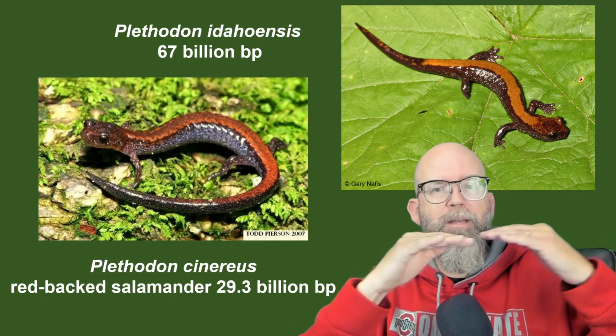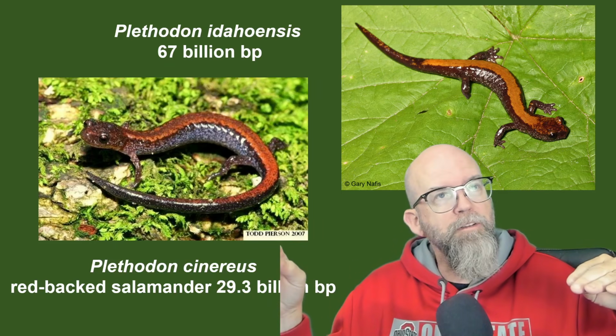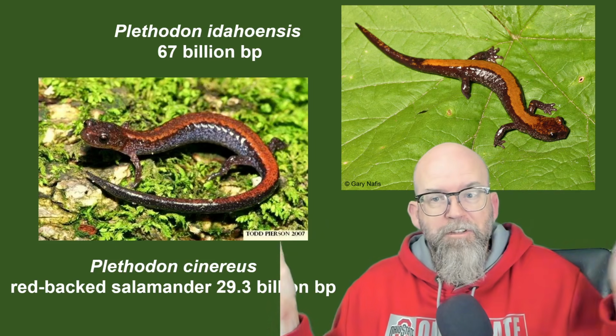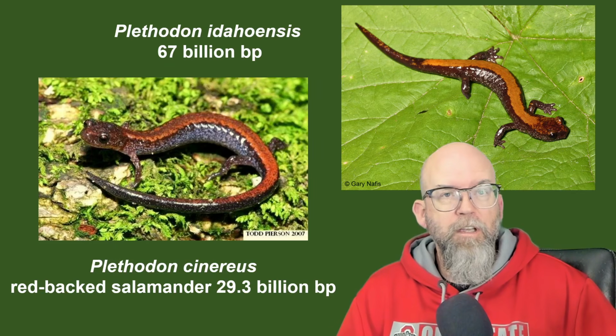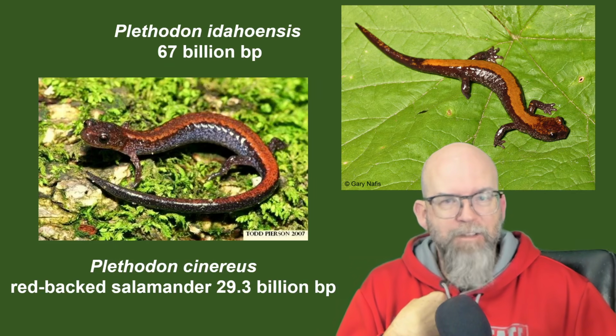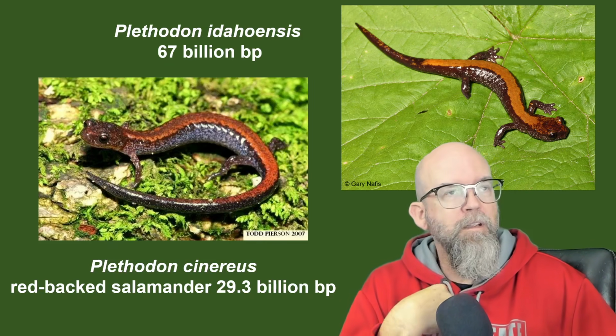I got 67 billion base pairs and I have 29 billion base pairs. I got an extra 30 billion base pairs in one that is not in the other. I could just call all of those differences, right? Every single one of those 30 billion base pairs is a difference. You don't have it, but I have it, and for 30 billion times. And so I'm going to count that as 30 billion differences.